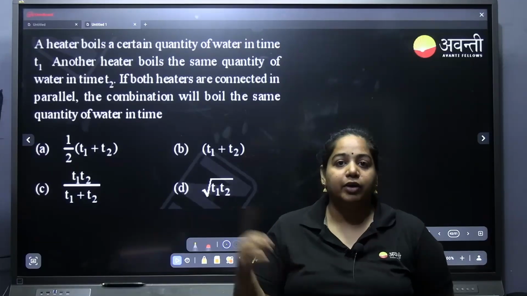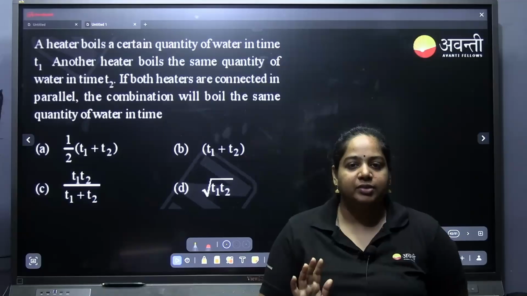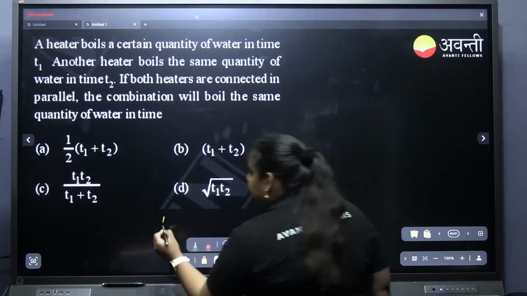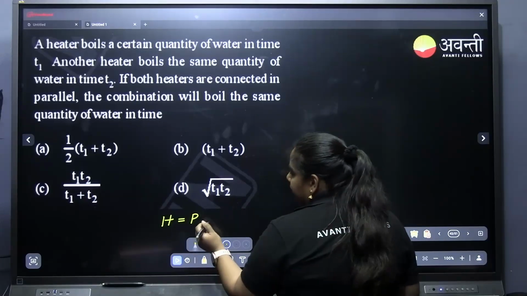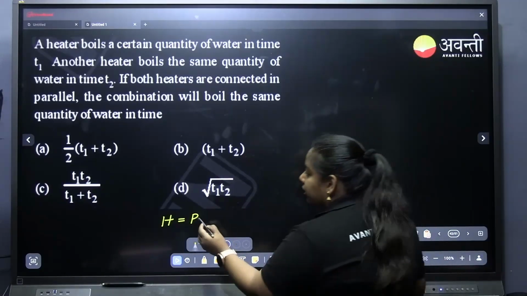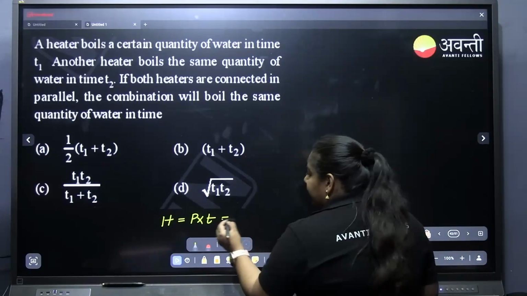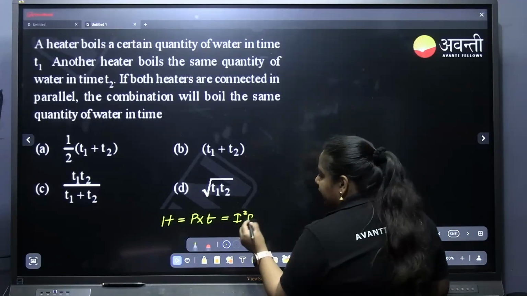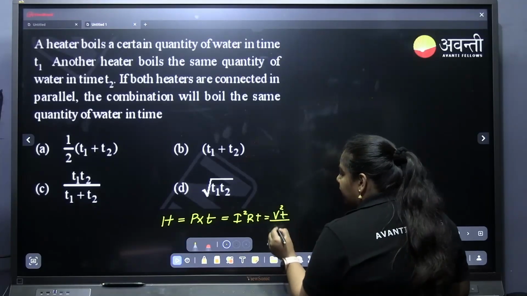Heat energy is required to boil water, right? Same amount of water, same amount of heat. How will we get heat? Heat is equal to power into time.